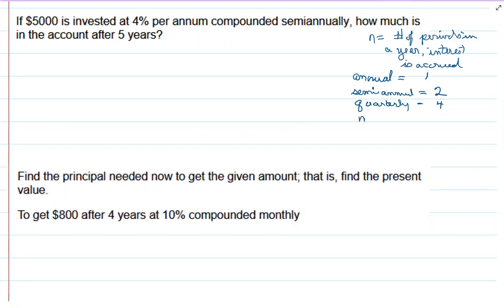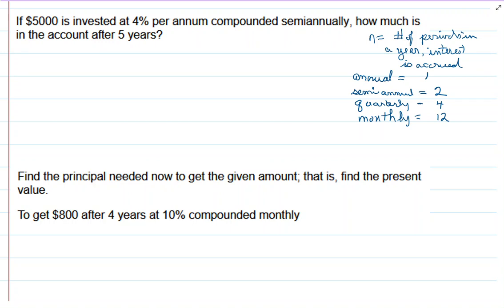Monthly is 12, so N is 12. And we don't do daily in this course, but daily is 365.